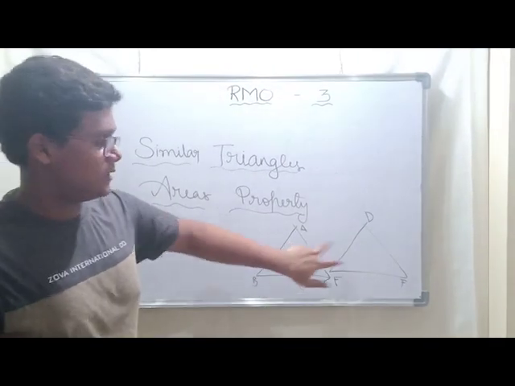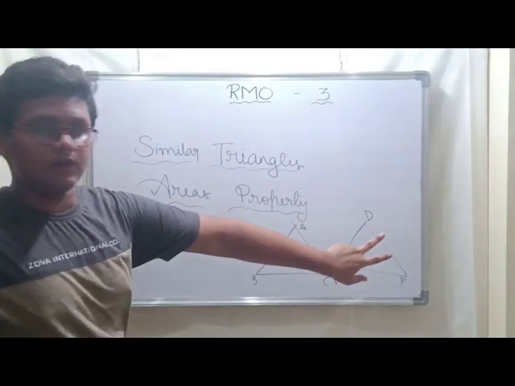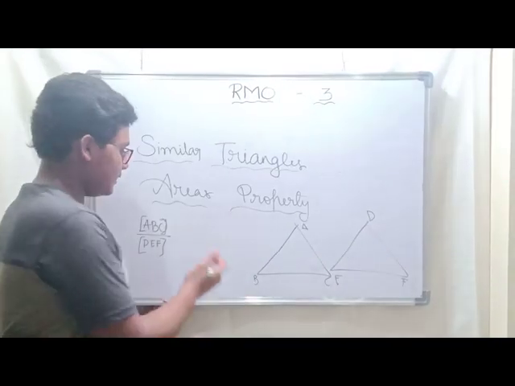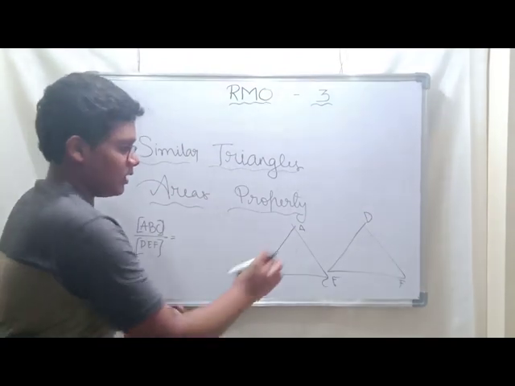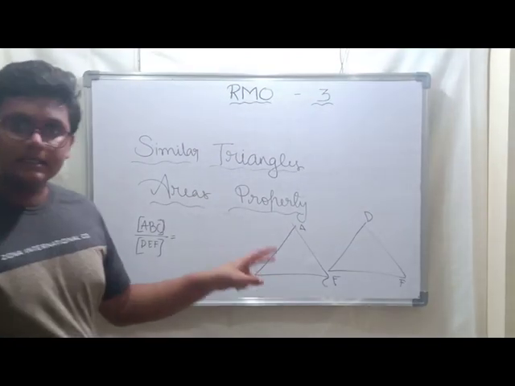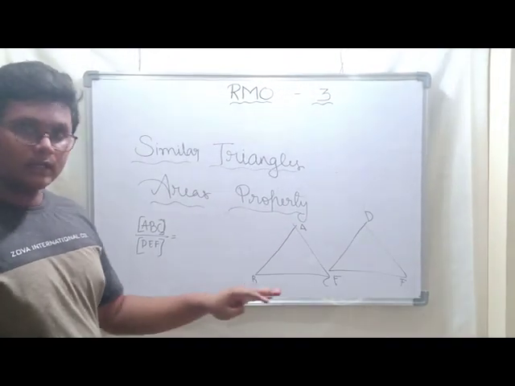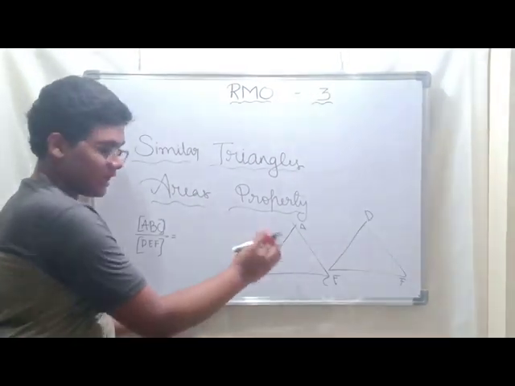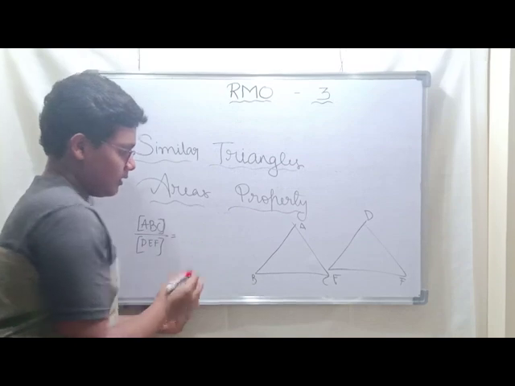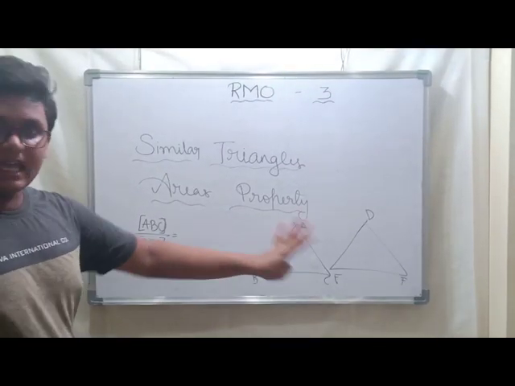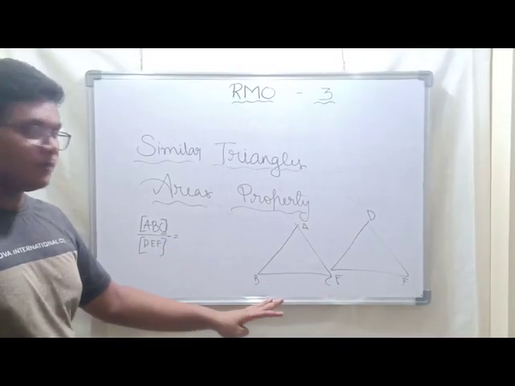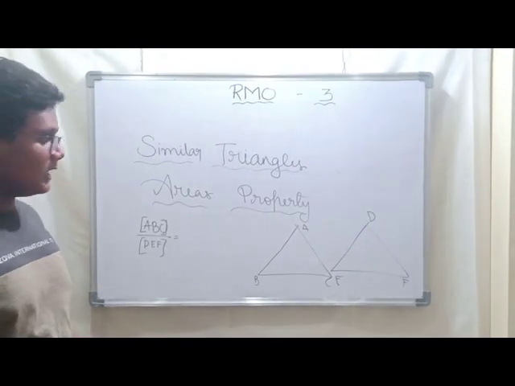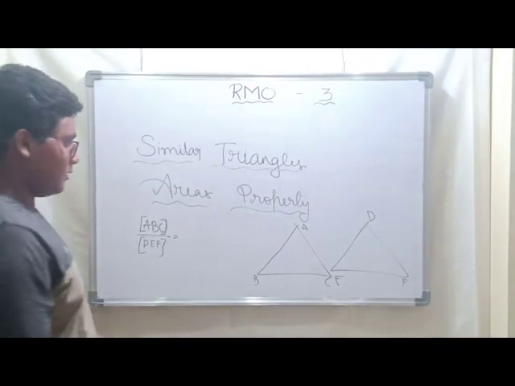Area of ABC by area of DEF, the ratio of the areas of these two triangles, is equal to the ratio of the squares of the lengths of the corresponding sides.